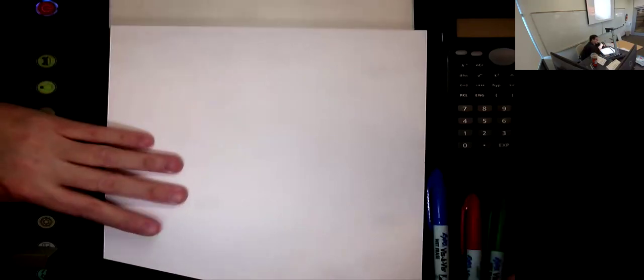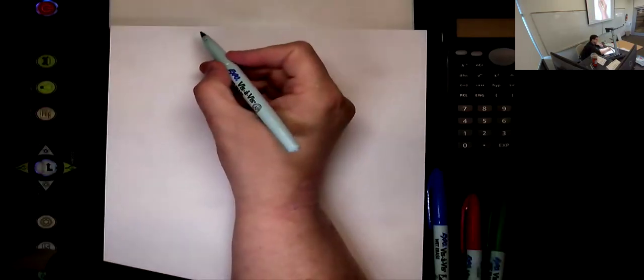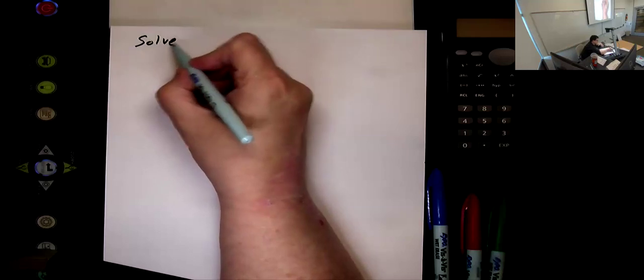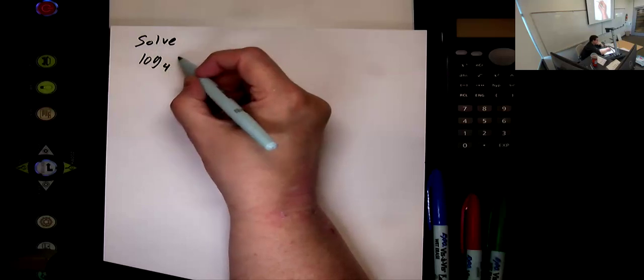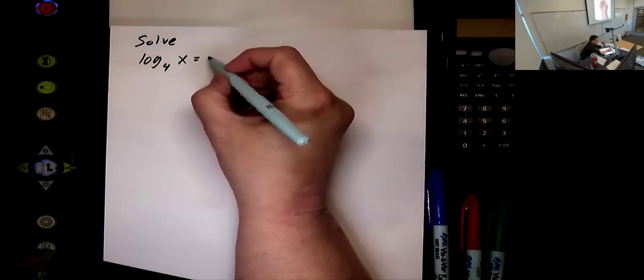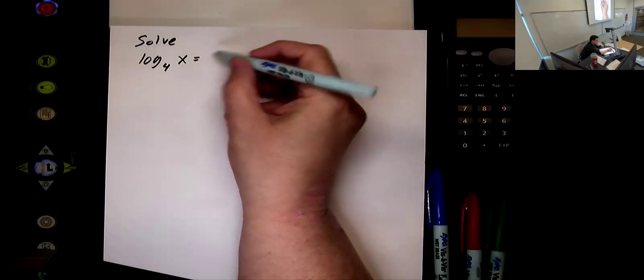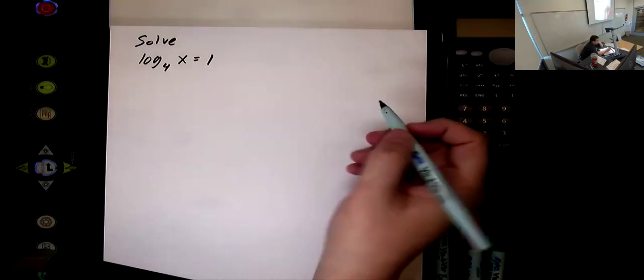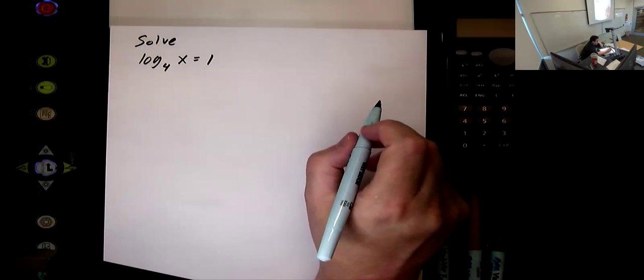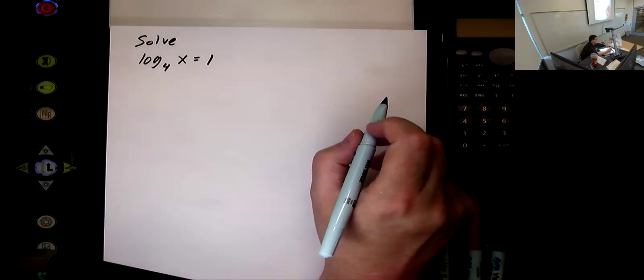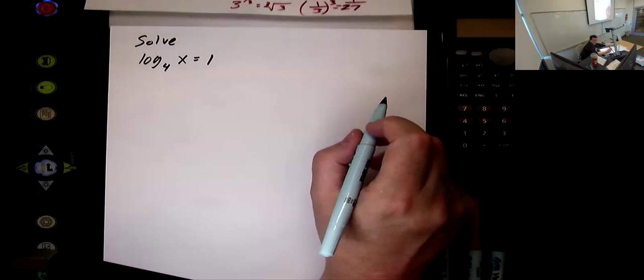All right, so we can also solve stuff with this. In the last problem, the right side was our variable, but now the variable is in our logarithm.